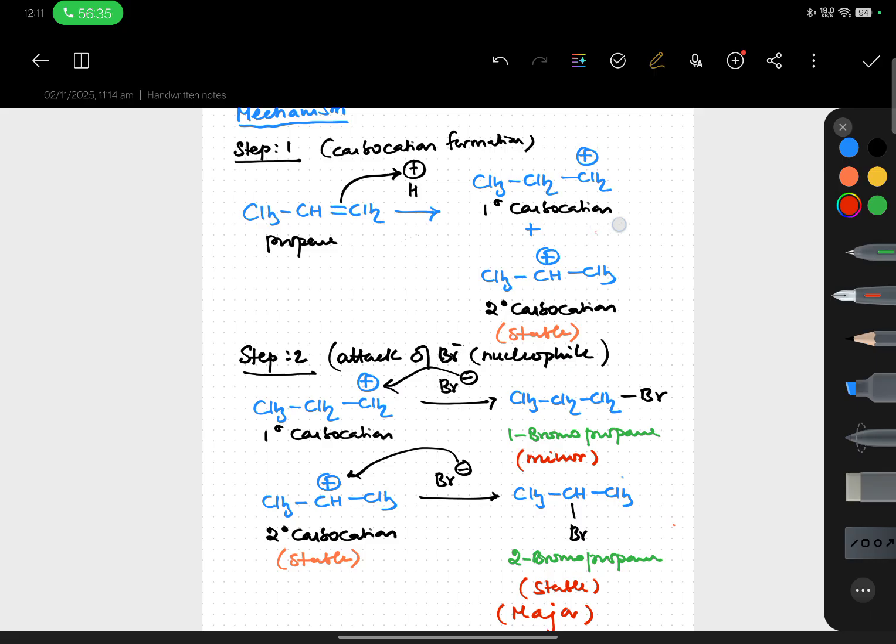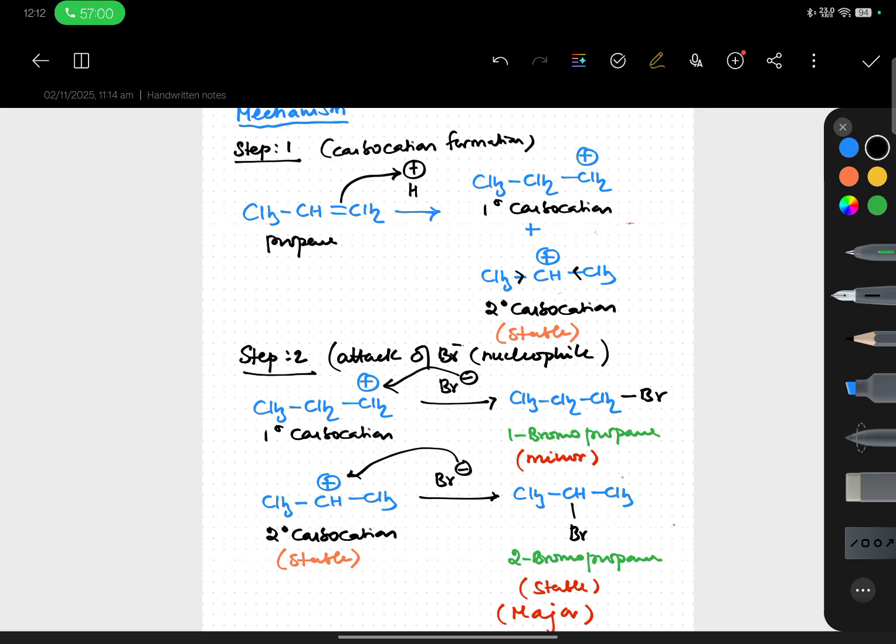So thereby what will happen? A primary carbocation is formed if the plus is formed in the terminal carbon. If the plus charge is formed in the second carbon, that is the central carbon, you get a secondary carbocation. Secondary carbocation is more stable because methyl is a plus I group.